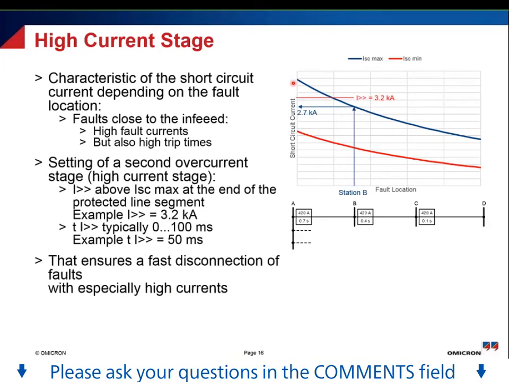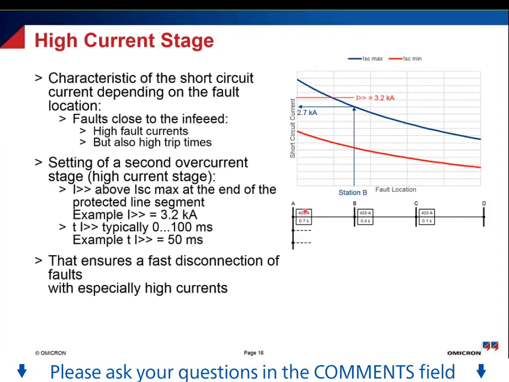In order to do this, we introduce a second stage, a high current stage. So additionally to the first stage that is set into this relay here, we use a second overcurrent stage with a higher setting but a faster trip time.